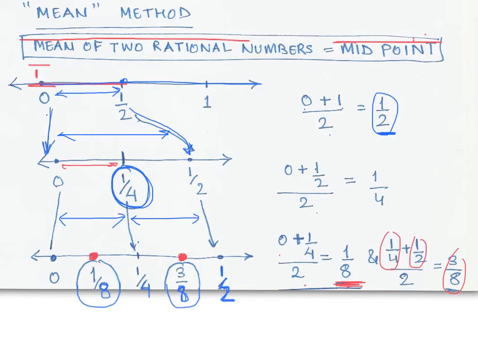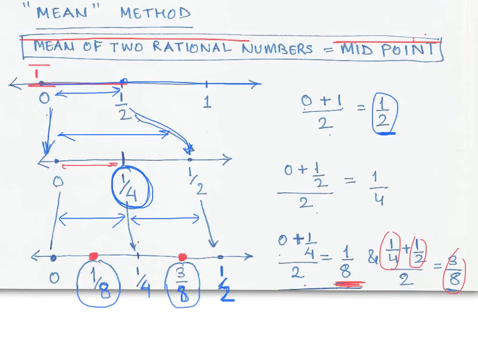That gives you one number, and then again you keep on finding the midpoint of the numbers, and so on. This also is another proof that between any two rational numbers, there are infinite rational numbers.